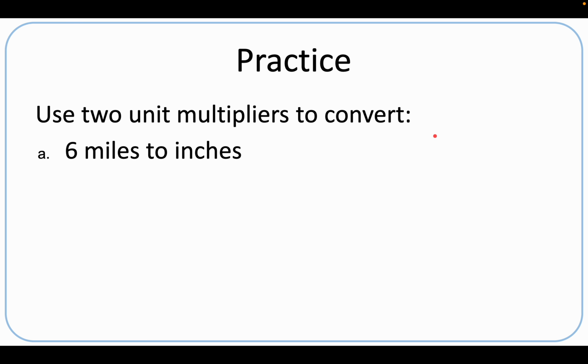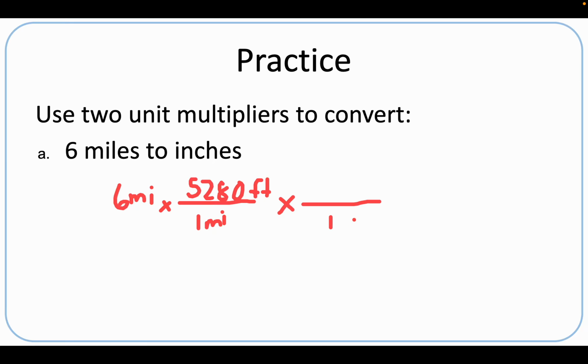Okay, first example, 6 miles to inches. So we need to convert our miles to feet. So our conversion is 1 mile is 5,280 feet. And then 1 foot is 12 inches.